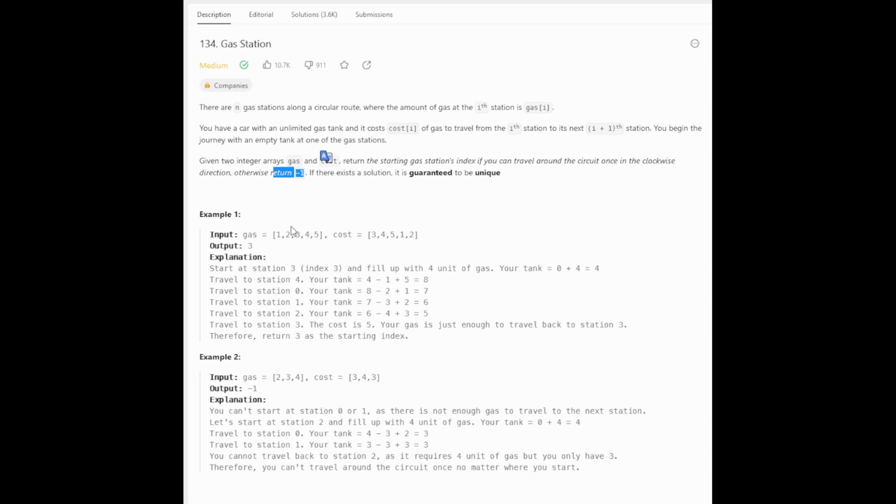Now, this is not an efficient solution because it means that if we have n gas stations, for each one of the n gas stations, we will have to do up to n work. Starting here, our road trip might take us almost all the way, but then we get stuck.